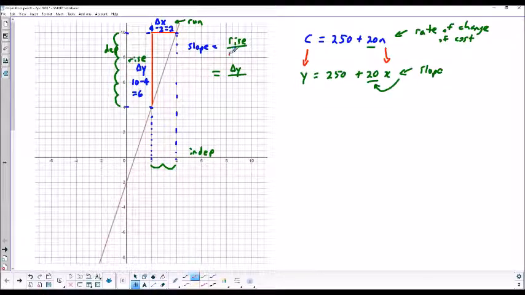The run is delta x, and then for delta y, this 10 is y2, because we can consider this point P2, the second point we're considering, and it has coordinates 4 and 10, so the y value of that point is 10.